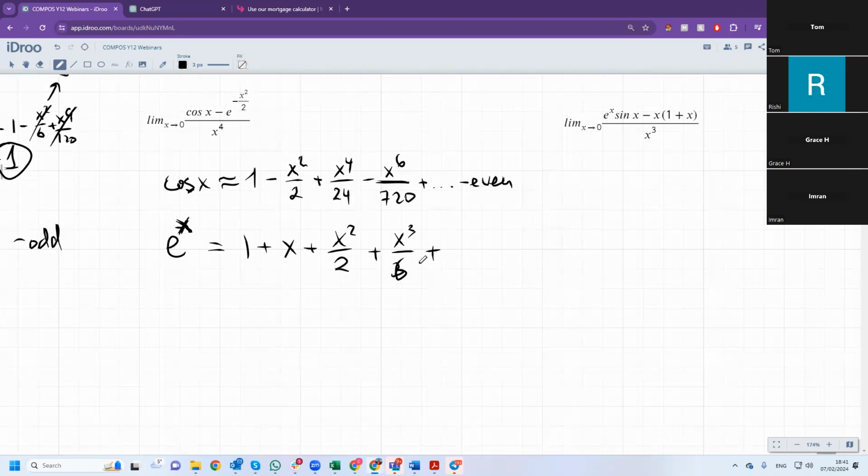Well, no, because there is a strict definition of a function, but because x to an even power is an even function, if it's an even function, it can only be made up of even functions.